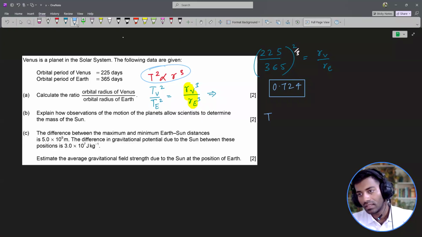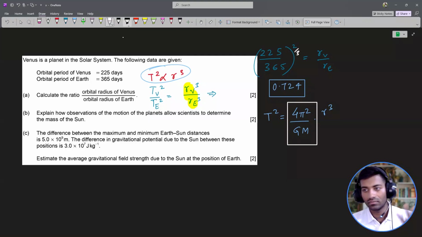So T squared equals some proportionality constant times r cubed. That proportionality constant is 4 pi squared over GM. It is made of the gravitational constant and the mass of the central body around which other bodies are orbiting.